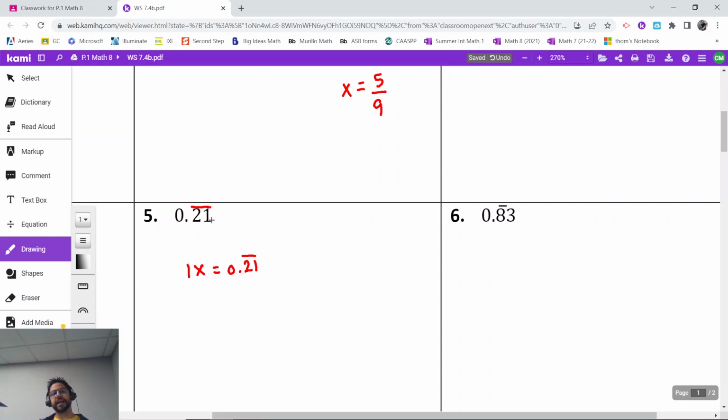And since this is the tens place and hundredths place repeating, we're going to move our decimal twice. 1, 2, 1, 2. Which really tells me instead of a 1x, instead of a 10x, I should be using 100x.